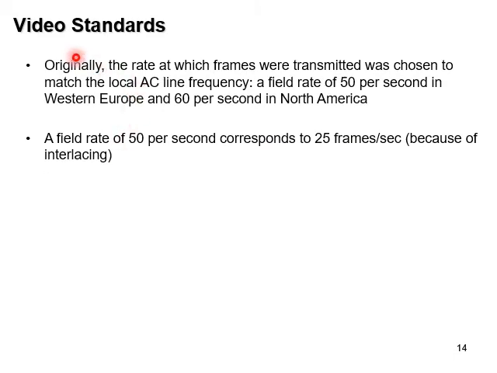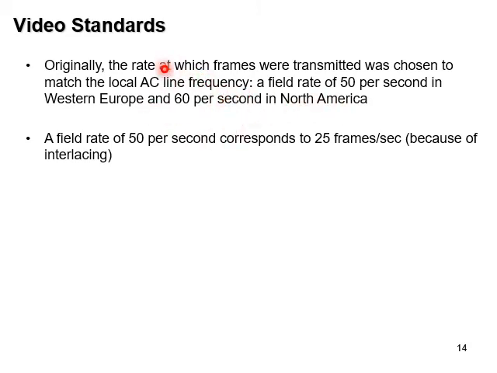The rate that was chosen to transmit frames depends, of course, on the standard in the country, but it was chosen to match the local AC line frequency. In Egypt, the frequency of the alternating current, the one that we get from the electricity plugs, is 50 Hertz, while in the US, for example, in North America, they have 60 Hertz.